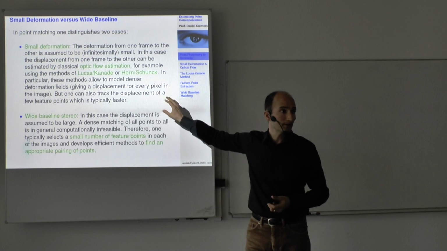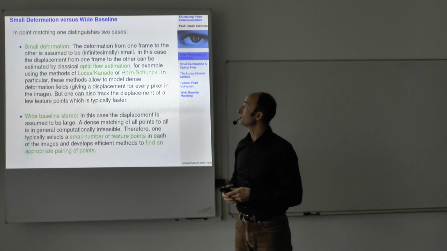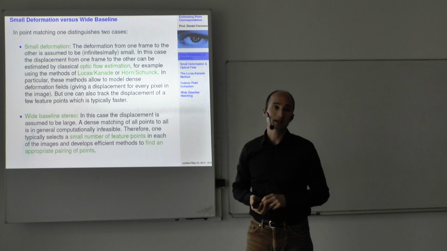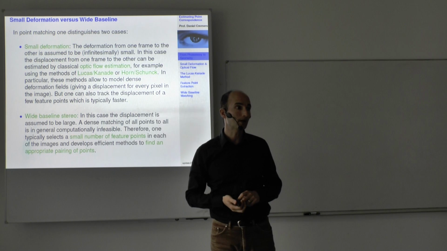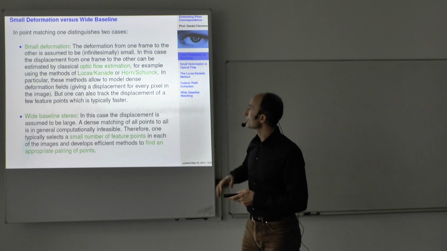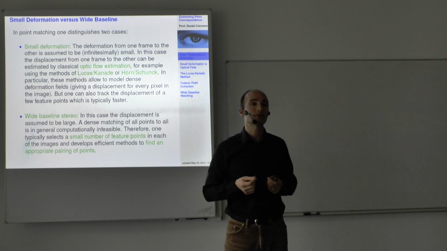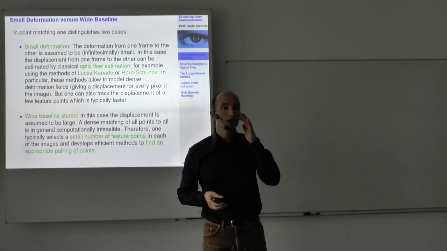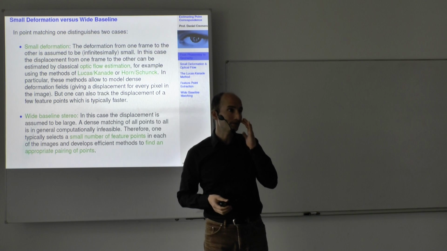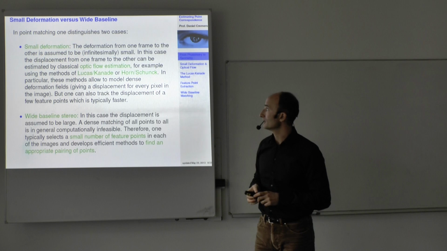Interestingly, both of these methods are similar, and both were published at the same time in 1981. So for correspondence finding, for optical flow estimation and these types of problems, 1981 was one of the breakthrough times in the field of computer vision.